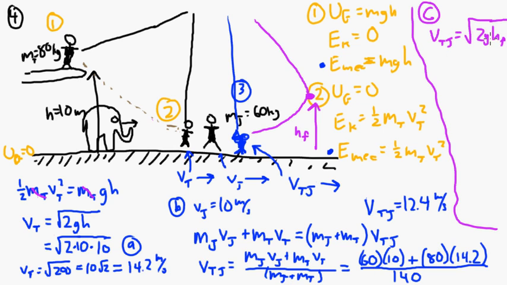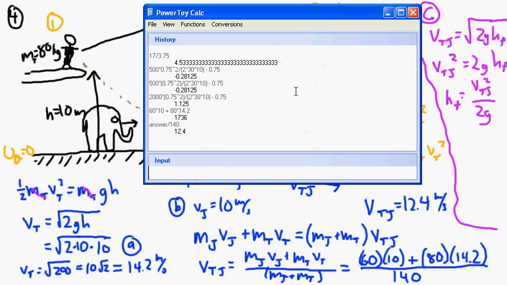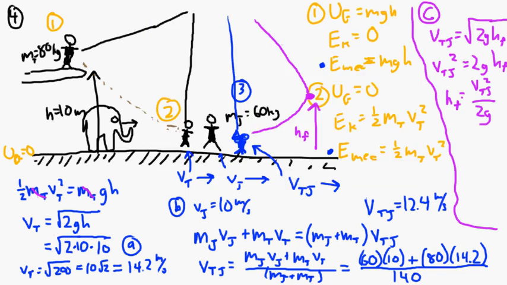VTJ squared equals 2g h final. Okay, and then what you get is h final equals VTJ squared over 2g. And so our VTJ squared, that's this 12.4 squared divided by 2 times 10 gives you 7.68, so 7.69 or 7.7 meters. So final height is 7.7 meters, and that is all.